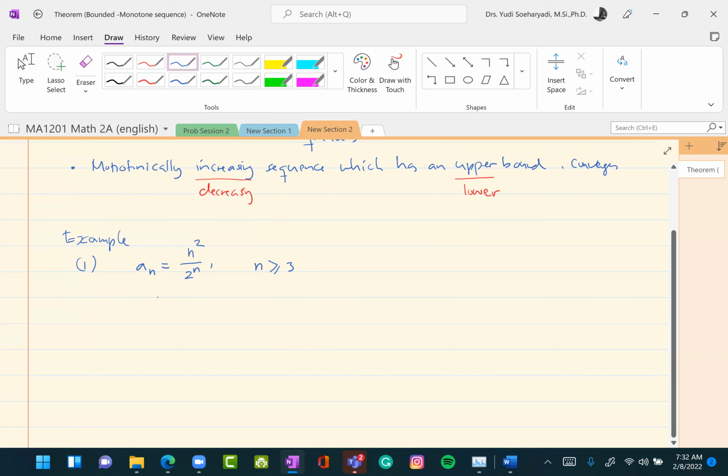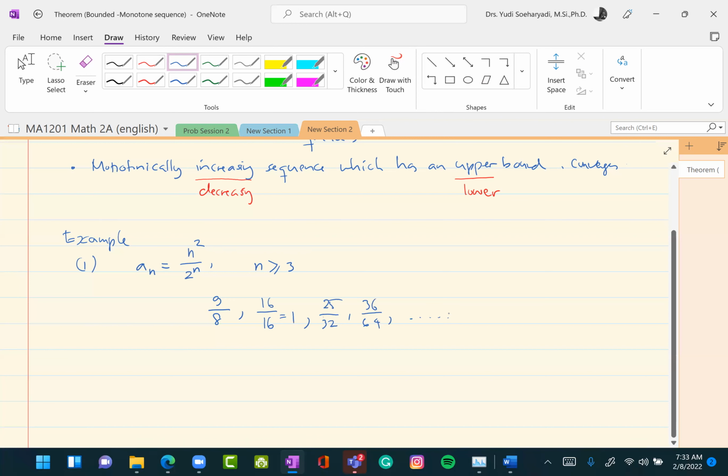Okay, so what does the sequence look like? Well, for n equals 3, this is 9 over 8, right? So bigger than 1. For n equals 4, you have 16 over 16, that's 1. Right? For n equals 5, you have 25 over 32. Okay, here you have 36 over 64.